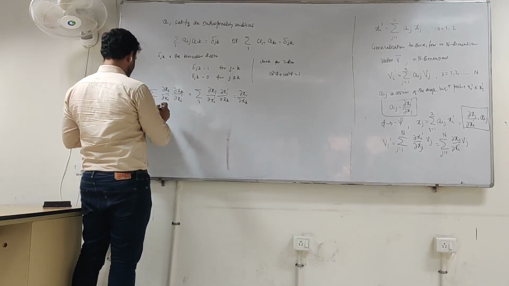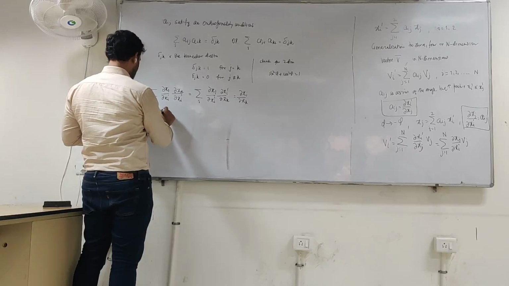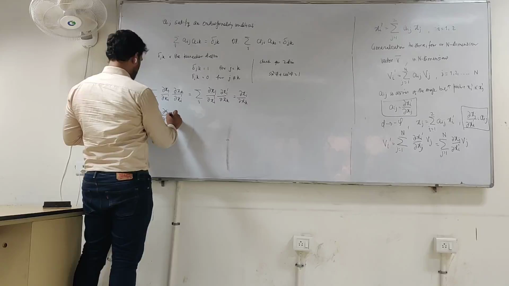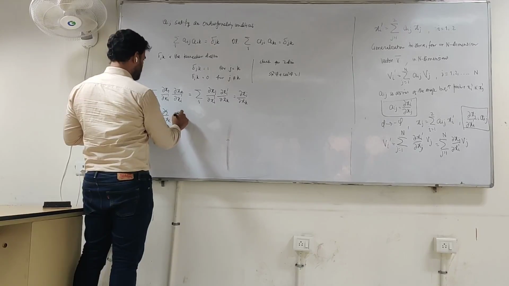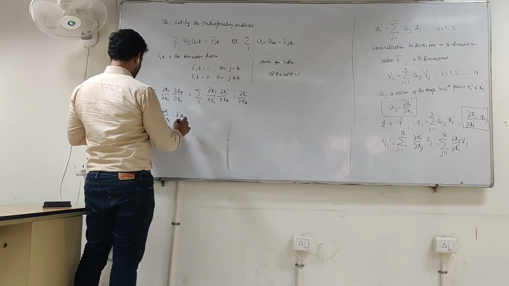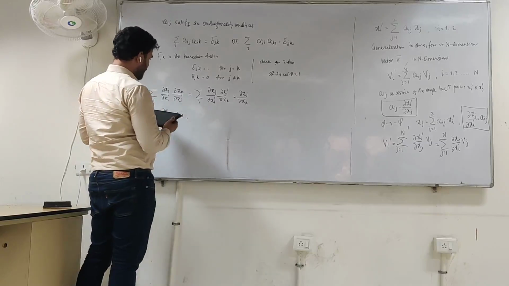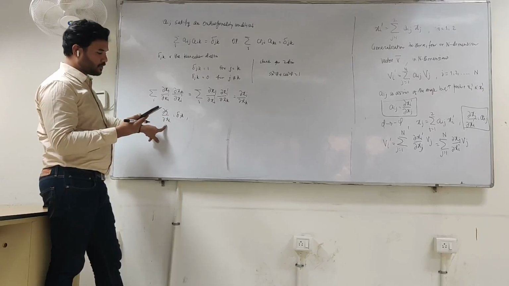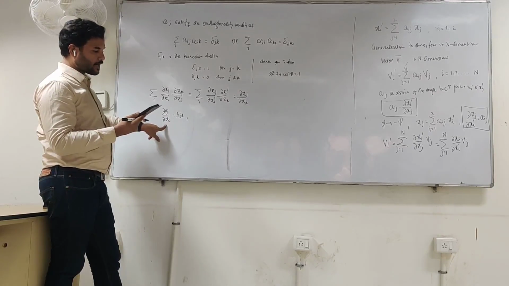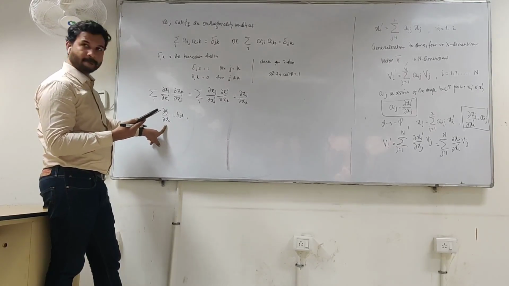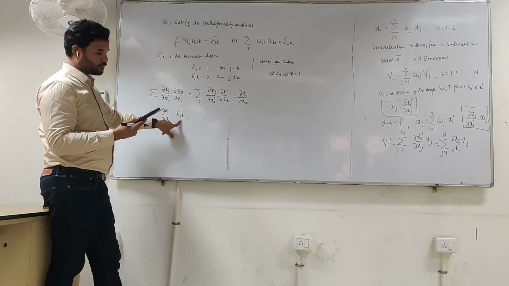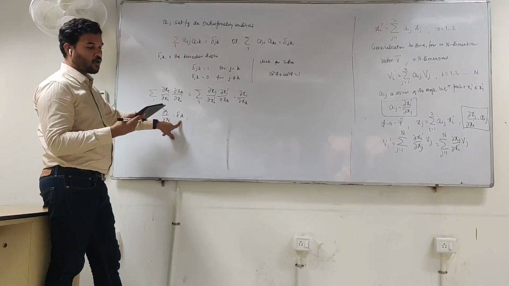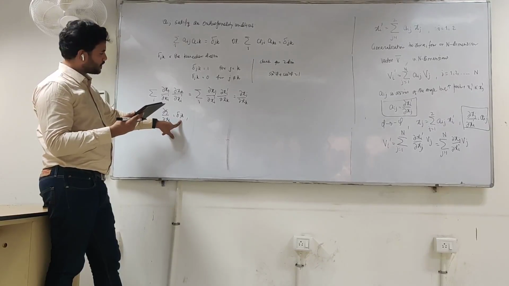Sir, what is the condition for orthonormality? dxj upon dxk is equal to delta jk. Since xj and xk are coordinates, when j is not equal to k, they are assumed to be perpendicular or orthogonal, right?